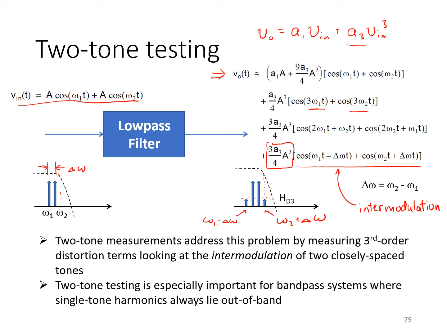And you also see that they grow in proportion to the input amplitude A to the power of 3. So just like the single tone testing, where we looked at the third harmonic, we see that these intermodulation products grow faster than the fundamental tone at the output, so that this distance here on a log scale will shrink as input amplitude increases.